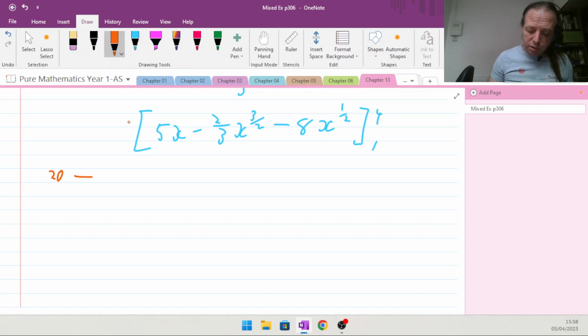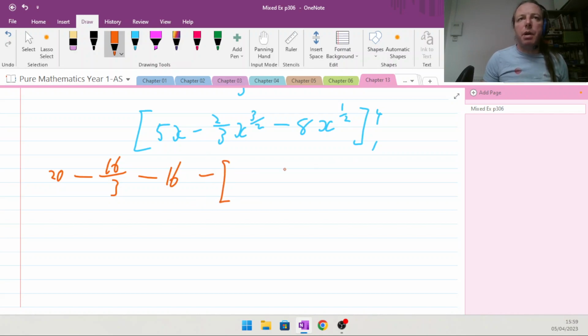It's going to be 4 to the power 3 over 2, the square root of 64 is 8. 8 times 2/3 is 16 thirds, minus square root of 4 is 2, 2 times 8, 16. Okay, and then all of that is going to be taken away from 1 times 5 is 5, minus 2/3. Square root of 1 is 1, minus 8.